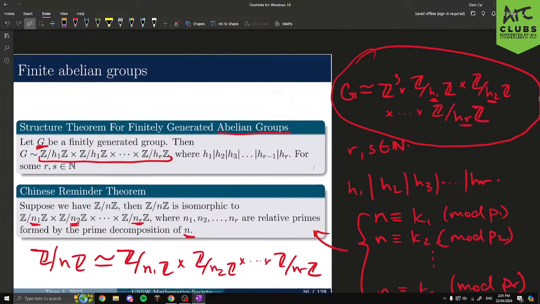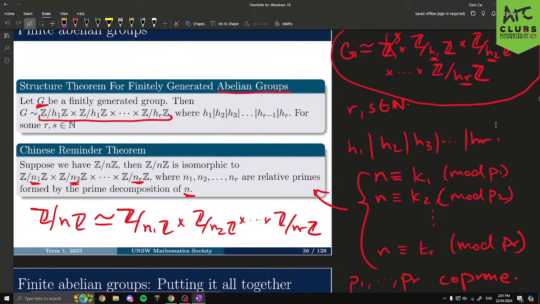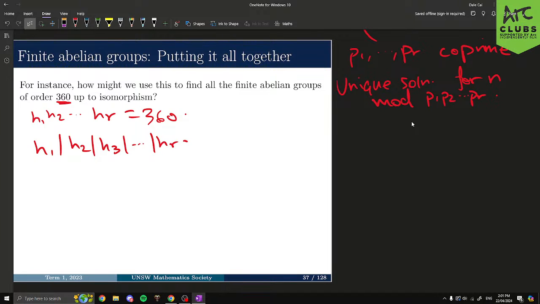Since it's order 360, we can ignore the Z to the S. Then we just need to find numbers h1, h2, h3, up to hr, that multiply to 360, and such that h1 divides h2, divides h3, and so on. Let's find the prime factorization of 360, to make this divisibility easier to work with. This should be equal to 2 to the 4 times 3 squared times 5, I believe.